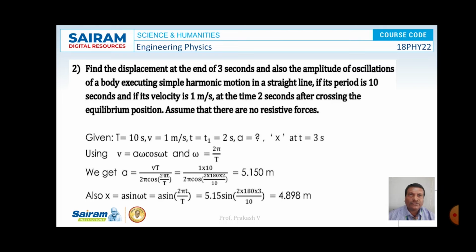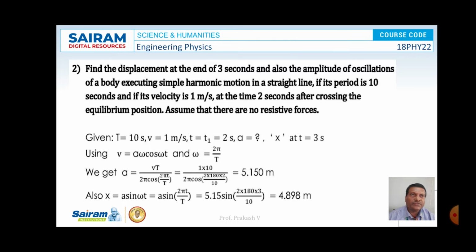The second problem is: find the displacement at the end of 3 seconds and also the amplitude of oscillations of a body executing simple harmonic motion in a straight line, if its period is 10 seconds and its velocity is 1 meter per second at 2 seconds after crossing the equilibrium position.